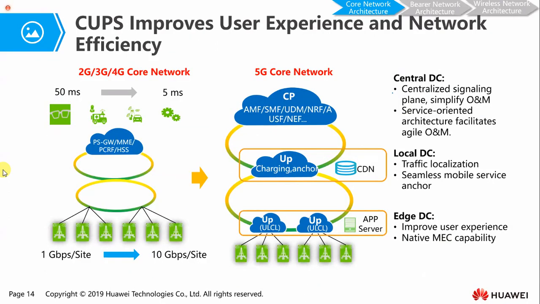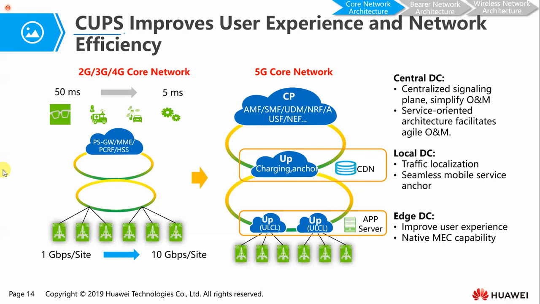And the next is CUPS. CUPS means control plane and user plane separation. C means control, U means user, P means plane, S means separation. It means that the control plane and the user plane can be separated and deployed separately.